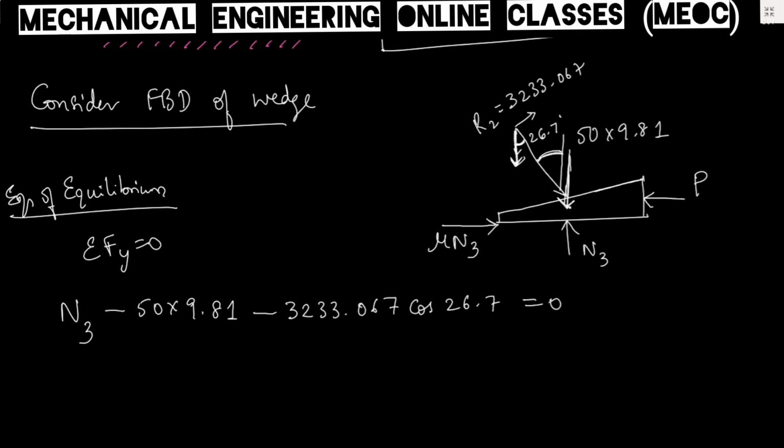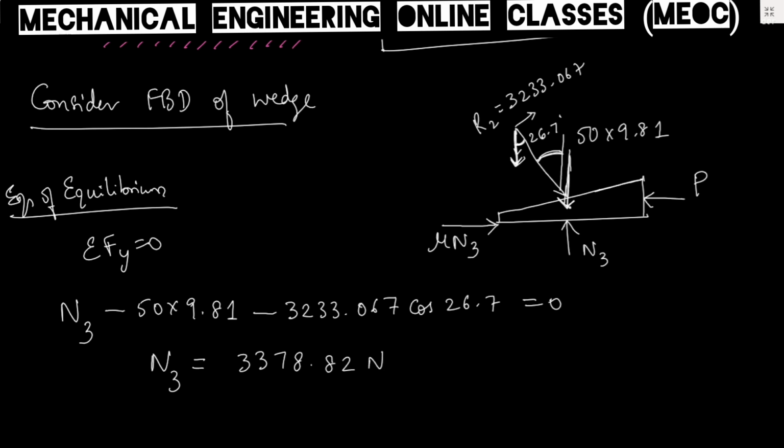So this is equal to 0. This is the equation for N3. Only one equation and one unknown, so I can find N3 as 50 into 9.81 plus 3233.067 cos 26.7. That comes out to be 3378.82 newtons.